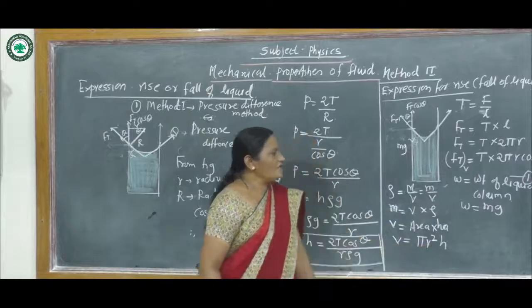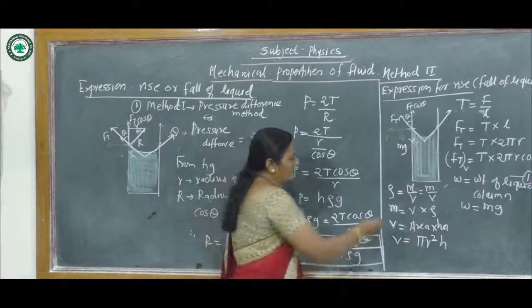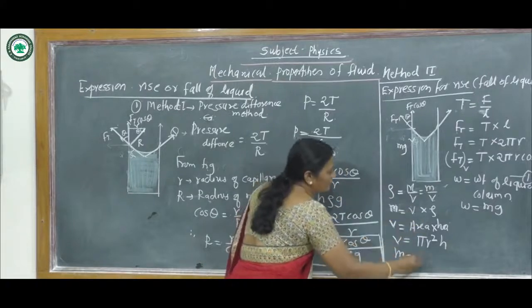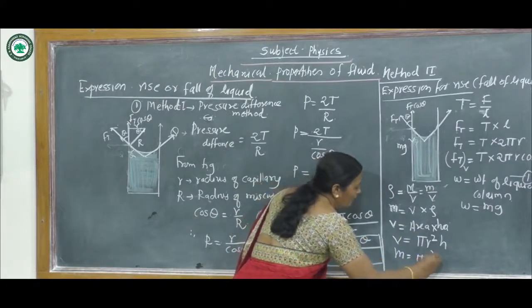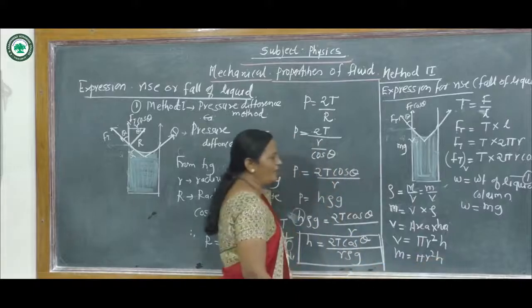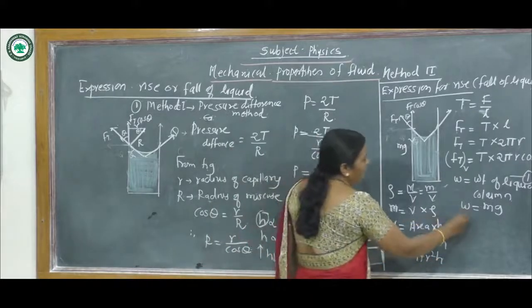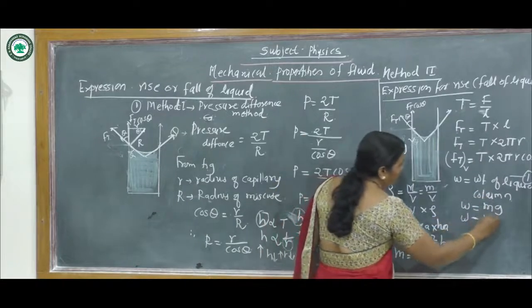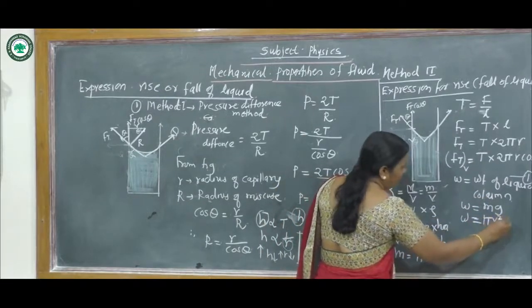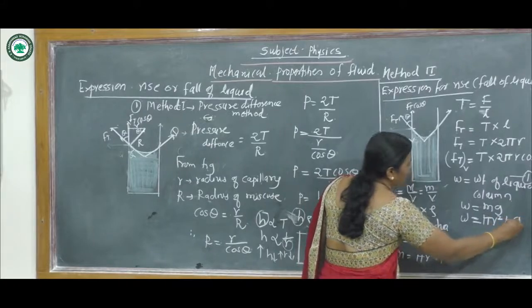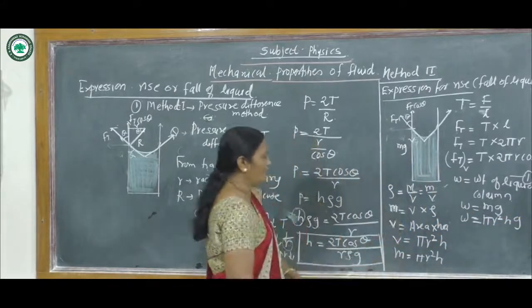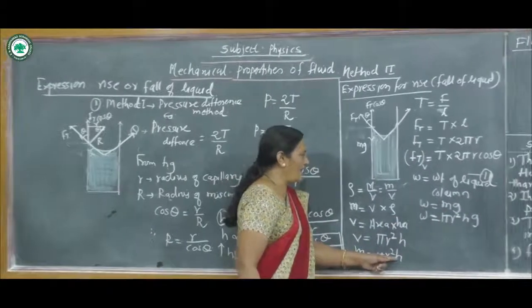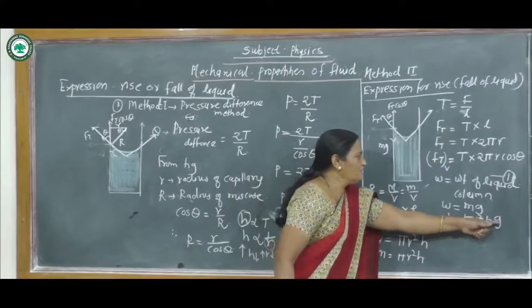Substitute the value of m here: W is equal to pi r square h rho into g, which is the weight of the liquid column.